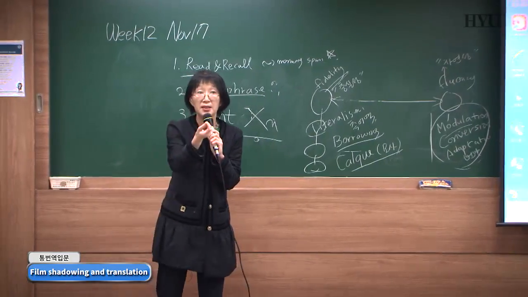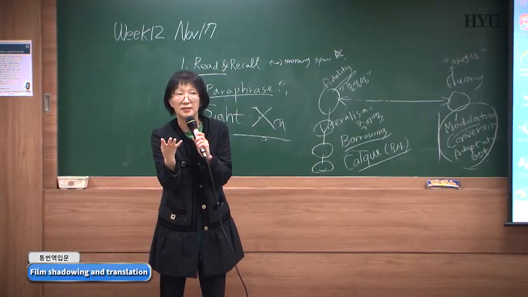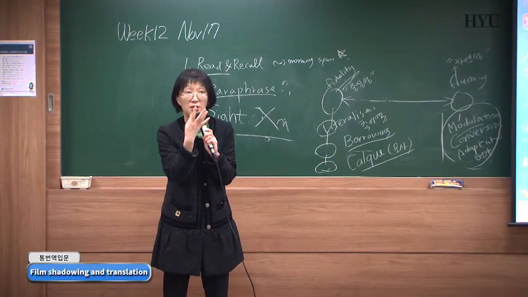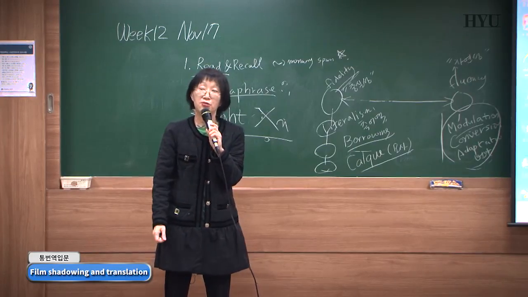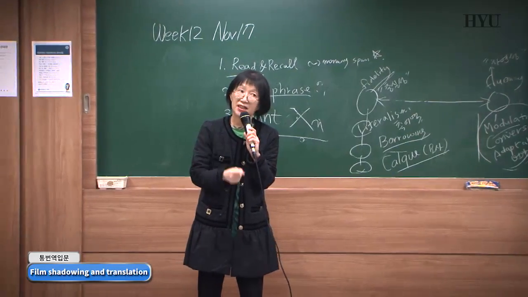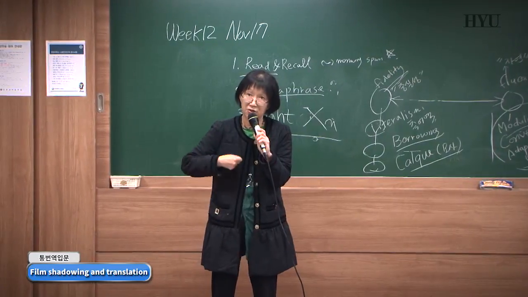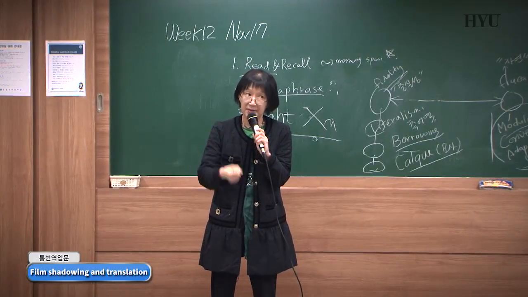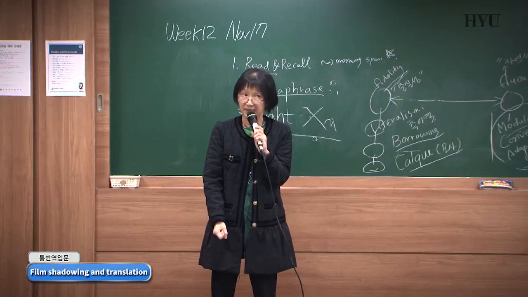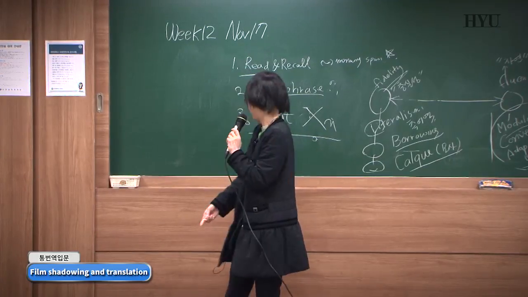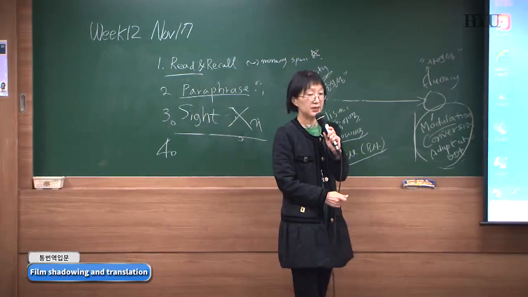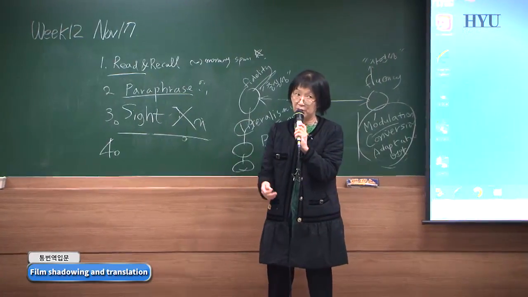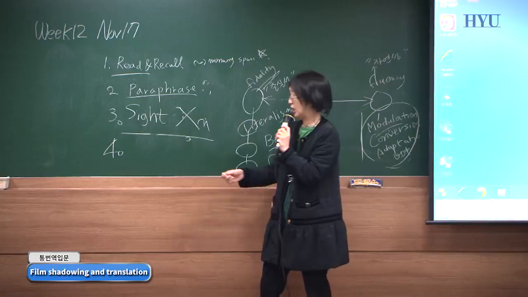That is interpreting by reading the text. 눈으로 보면서 통역하는 거. 그게 sight translation이야. 그래서 that's why, with the sight translation, we should do a lot of sight translation before we are trying to do the simultaneous interpreting.